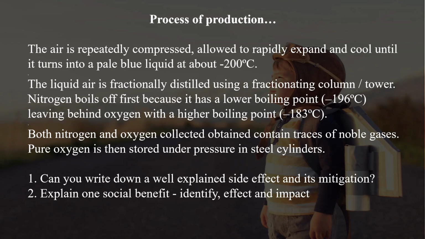Now, I believe you can write down all the side effects and mitigations. Here, when you're writing side effects, the side effects are going to be of the production process, not on the environment. It's only the production process for which you are going to give the side effect.